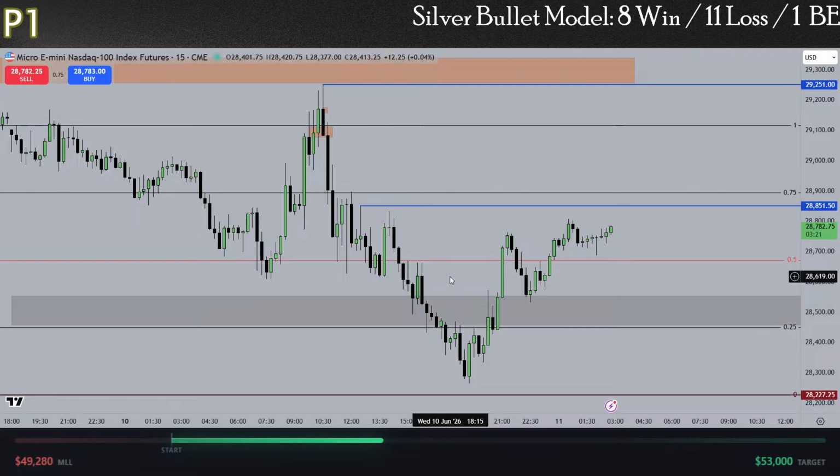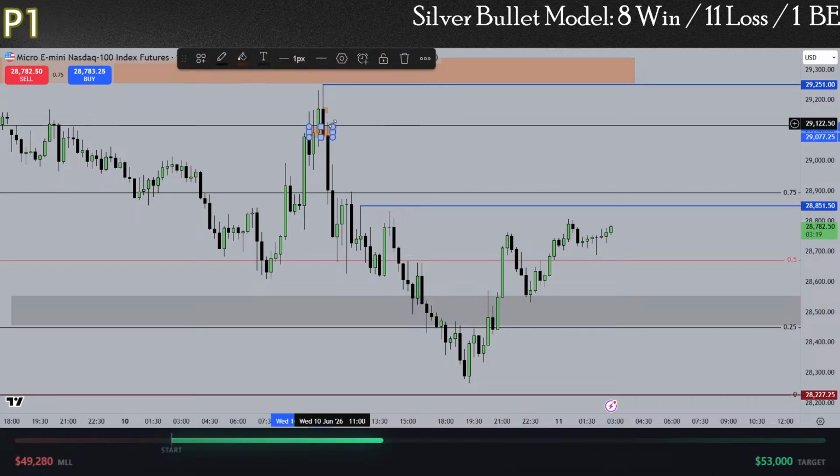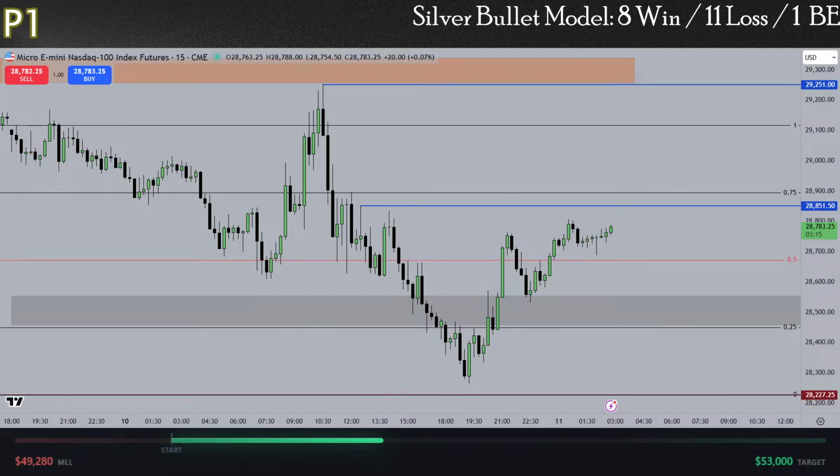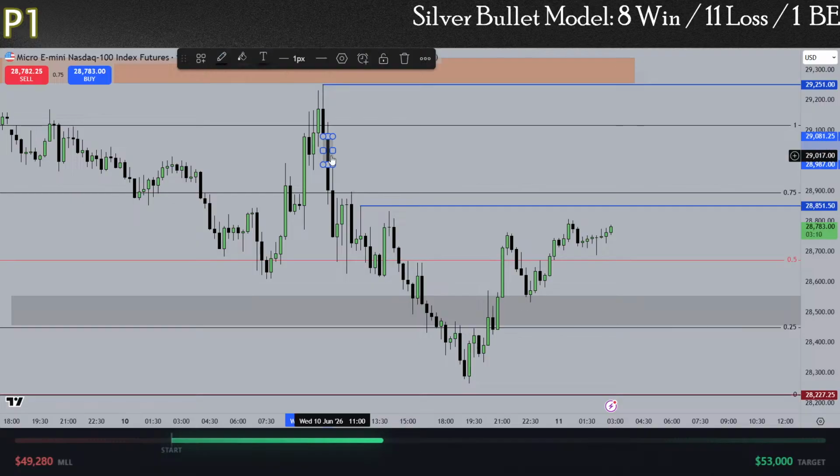Yeah, I mean, as for now, it definitely looks like it wants to go higher, near term at least.